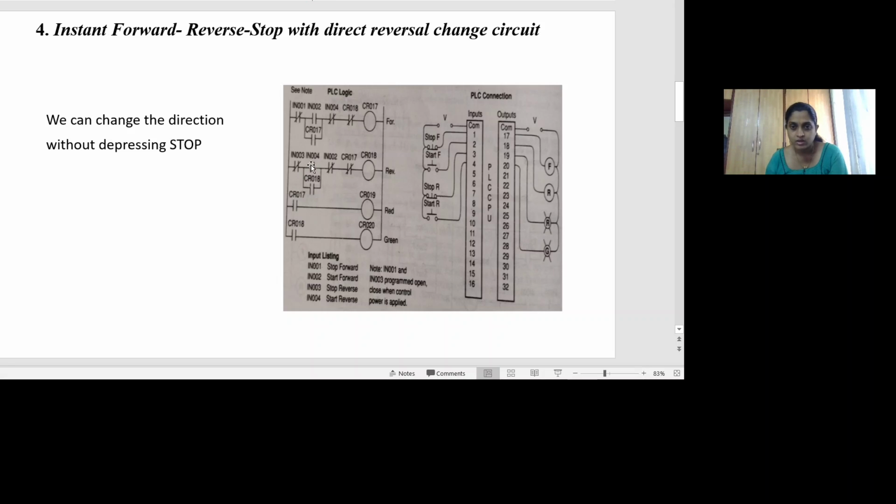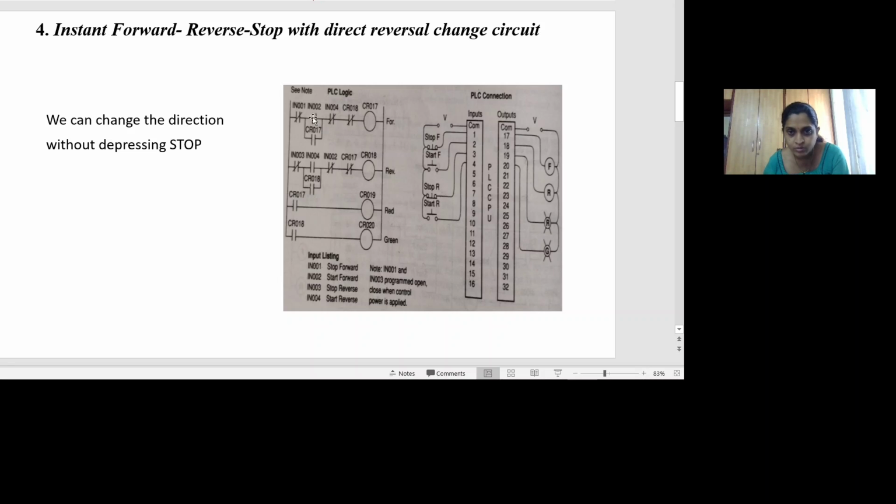Here you can see IN004, this start switch, is normally open, whereas in the first rung I have taken IN004 as an NC contact. Which means that whenever the contact 004 is energized, in the second line it closes, and in the first line it opens.